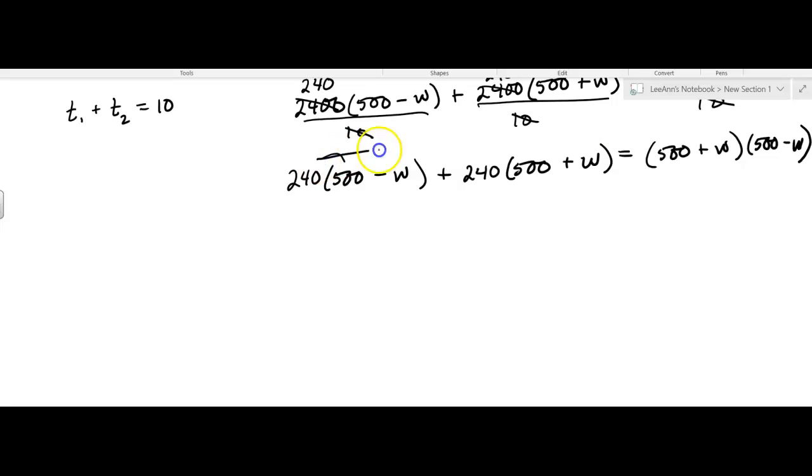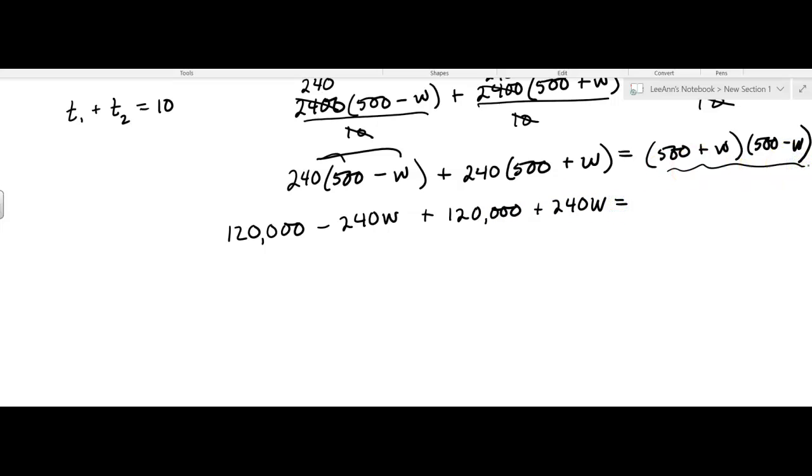So I'm going to distribute here. That's going to give me 120,000 minus 240W plus 120,000 plus 240W equals, now you might notice this is the difference of squares, right?